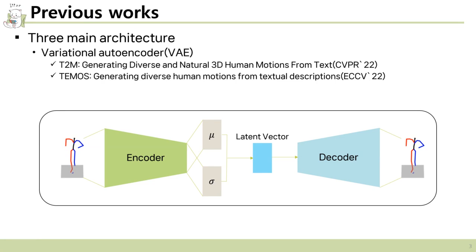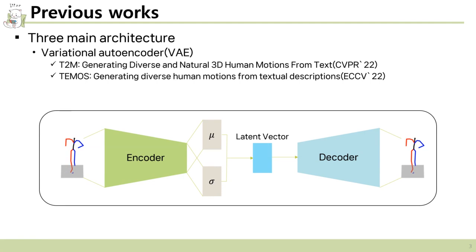T2M and TEMOS are two well-known models that use this VQVAE architecture. T2M, for instance, focuses on generating diverse and natural 3D human motions based on text descriptions. Similarly, TEMOS works on generating diverse motions from textual input.